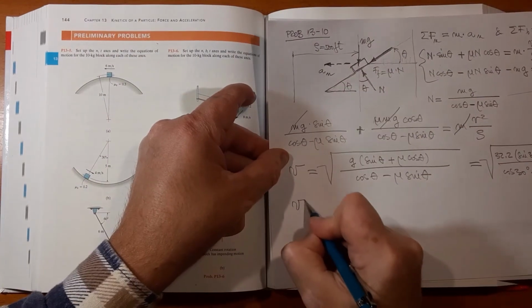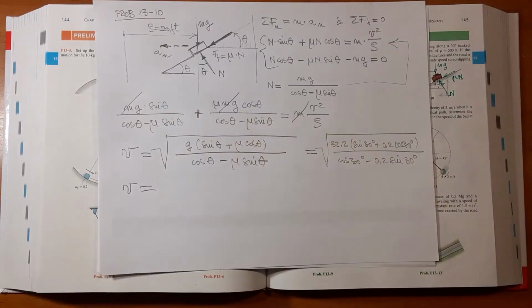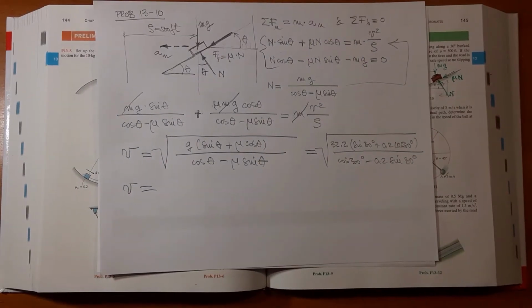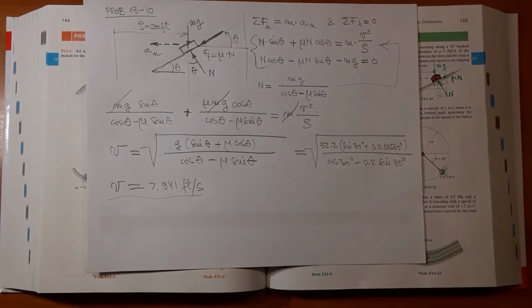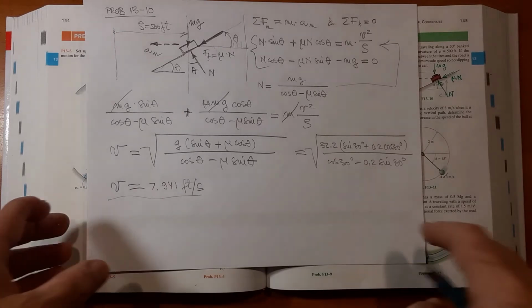Okay, so v equals, let me pause while I'm doing the calculation. All right, so the answer is 7.941 feet per second. That's the velocity.